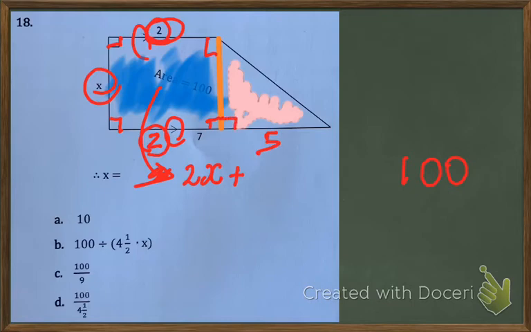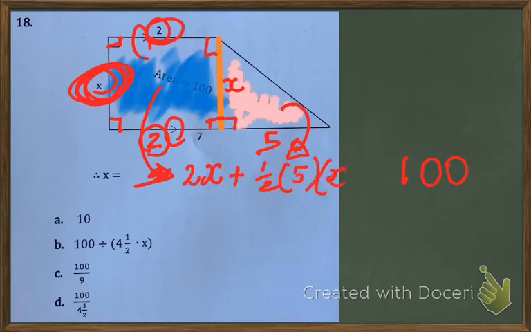The angle is a right angle. We have an x as one of the dimensions of the blue rectangle, and therefore the opposite side is also x, and that is the height of the triangle. And so the area of the triangle would be a half times base, that is 5, times height, which is x, and therefore the area of the rectangle plus the area of the triangle is equal to 100.